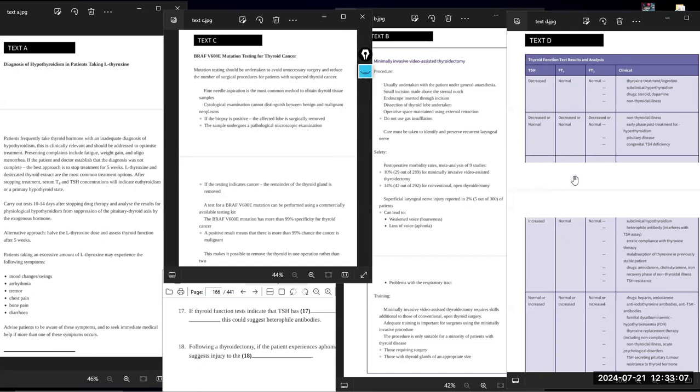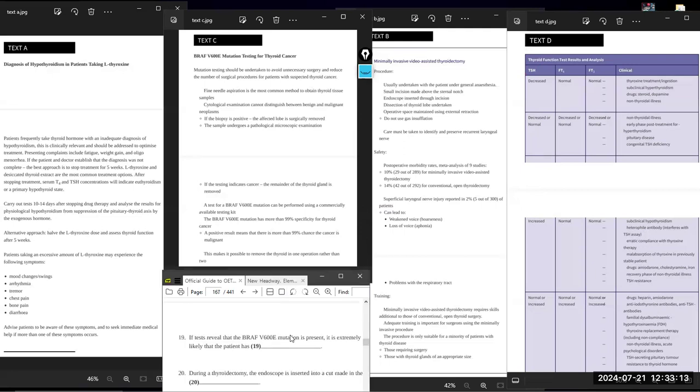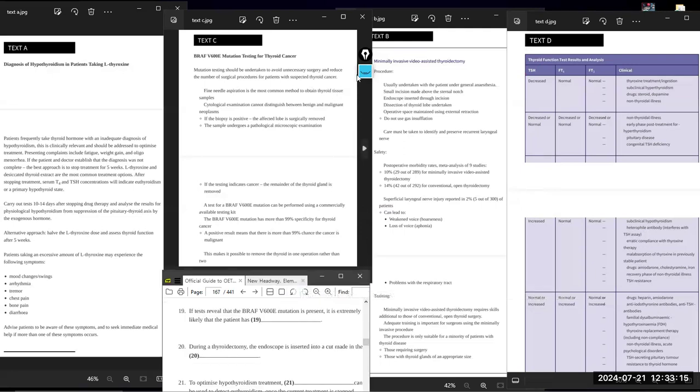That's amazing. The next one is correct. Thank you. Now let me show you the next question, which is saying, now, if tests reveal that the BRAF V600E mutation is present, it is extremely likely that the patient has malignant cancer.